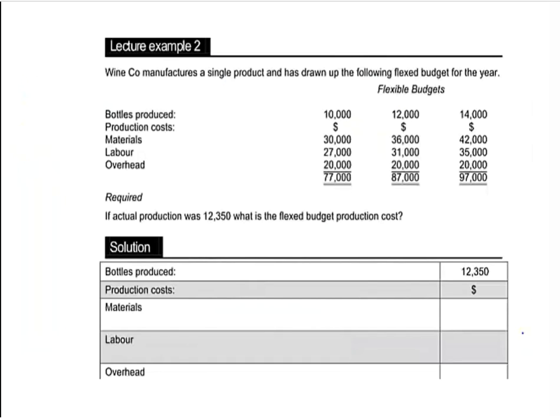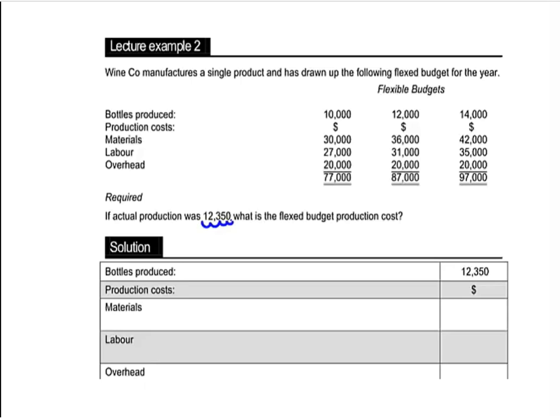In lecture example 2 then, we've got 3 different flexible budgets that were drawn up. So at the start of the period, we now know what it should have cost for 10,000, 12,000 and 14,000 units. What we want to know though is what our cost allowance should have been if 12,350 units were produced.